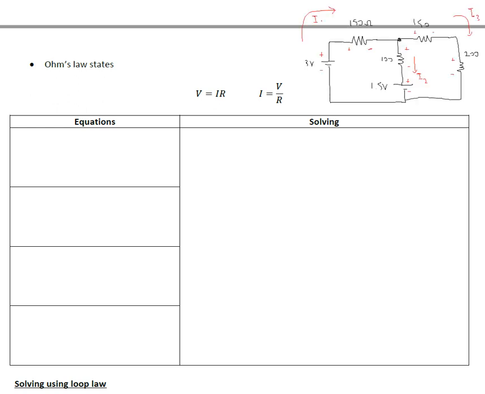Okay, so let's start this. Let's get a black pen. For nodal analysis, we're going to look at what's happening in our two nodes. Here's node 1, and here's node 2.